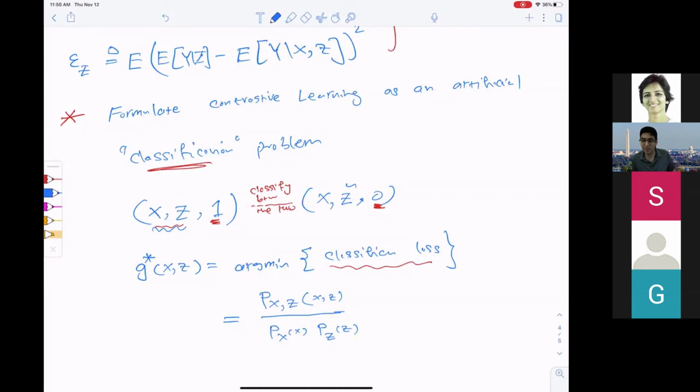We don't have the labels, but we know the distribution of X and the distribution of Z's because these are unlabeled samples. If you have only some limited number of samples, they analyze some approximation errors in the paper. But let's assume we have a lot of samples, so we know these marginal distributions.